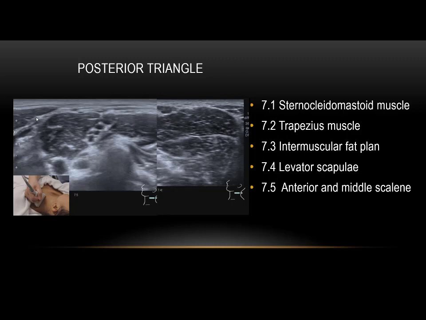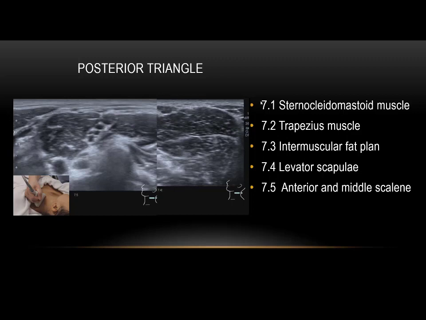When we see a triangular shape of muscle on the transverse plane like this, it means this is one edge of a muscle. It depends on where you put the probe. If you put the probe more anterior, it's the sternocleidomastoid, and the other edge here is the trapezius muscle. If you put it posterior, this is going to be the trapezius muscle edge. So we just focus on these two edges.